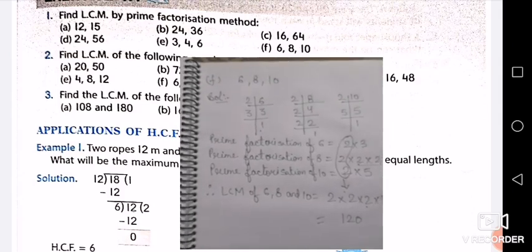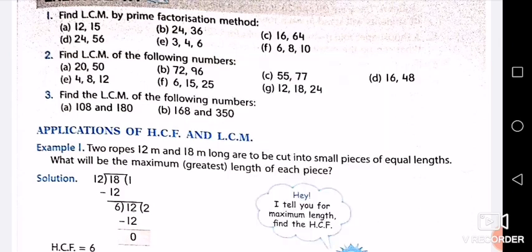So now we'll move to question number 2. Question number 2 is, find the LCM of the following numbers. In question number 2, it is not given by which method you have to find it, unlike question number 1, where it is given to find the LCM by prime factorization method.